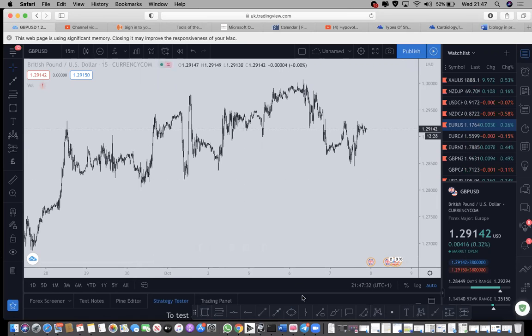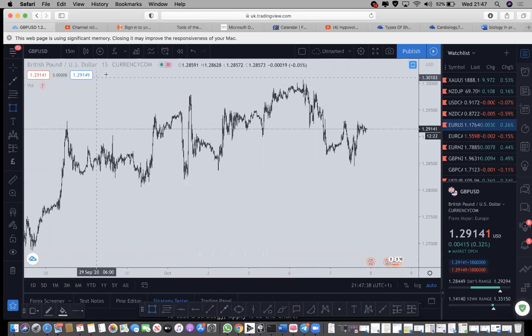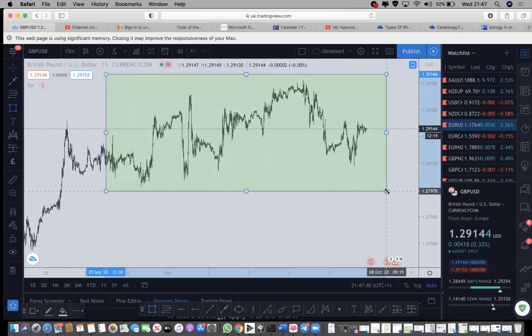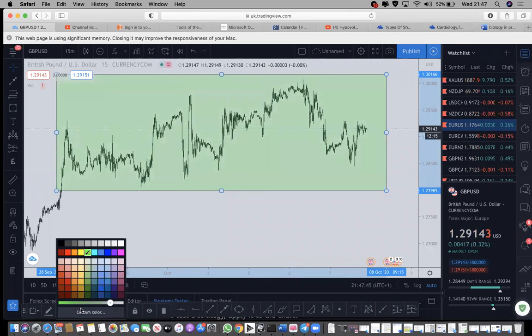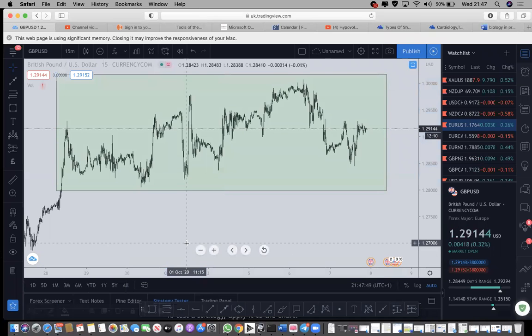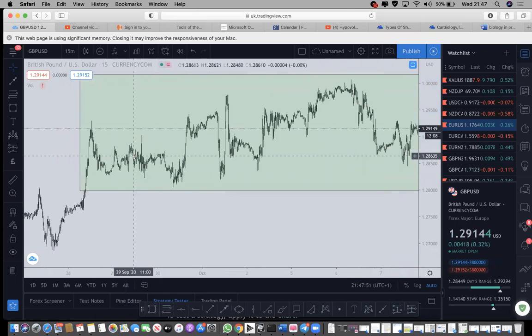Look at this. Now let's try and label it. I want everybody to focus inside this box. It might be too green for some people, so let's reduce the color. Let's focus inside that box.